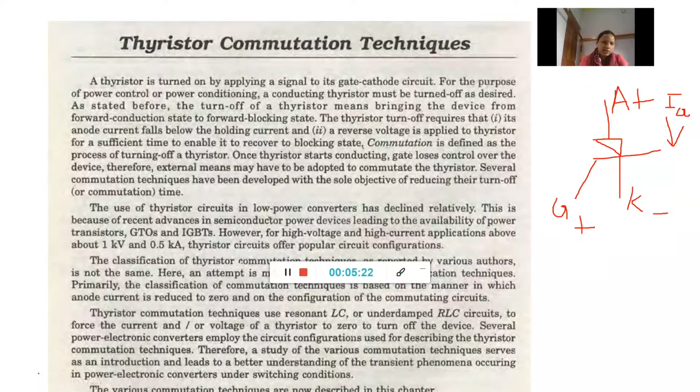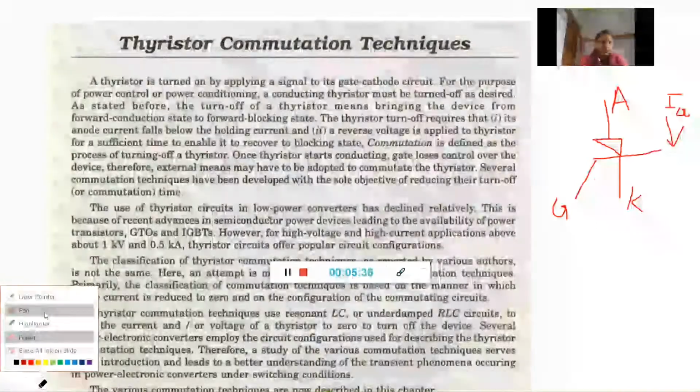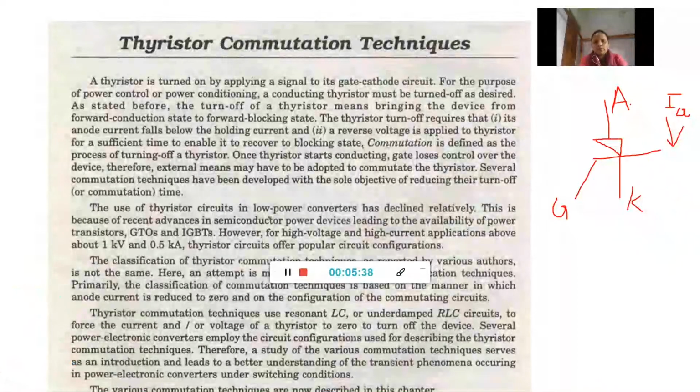See, when the thyristor is in completely conduction state, that means when anode is positive, cathode negative, and there is a positive gate signal, then anode current will flow through this device from anode to cathode, and there is no requirement of this gate.